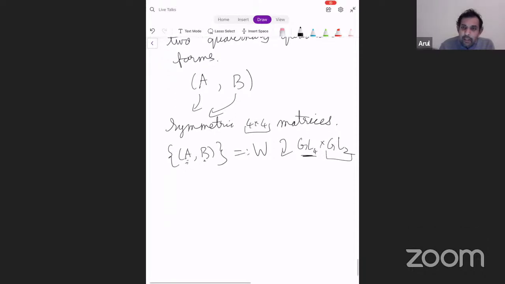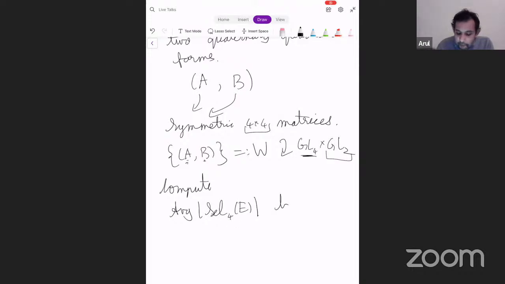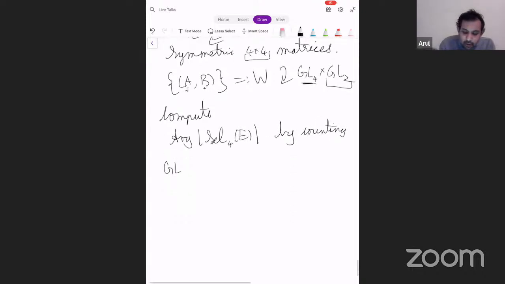And so we can understand the average of the four-Selmer group by counting GL4(Z) cross GL2(Z) orbits of W(Z).